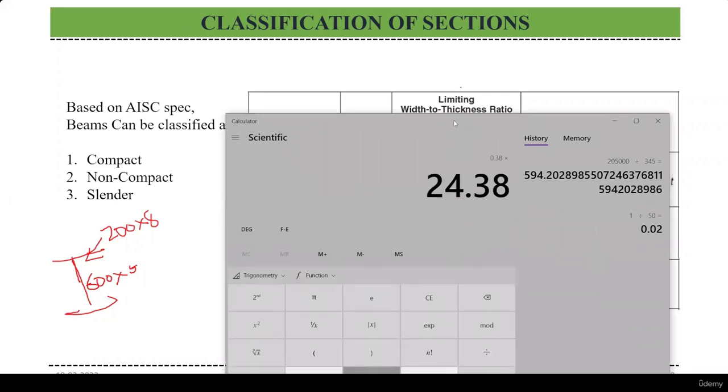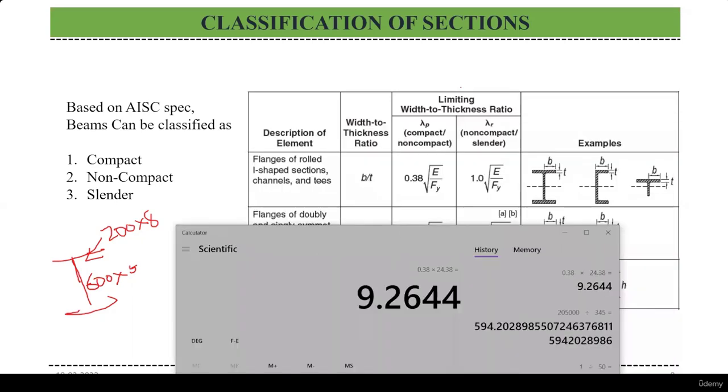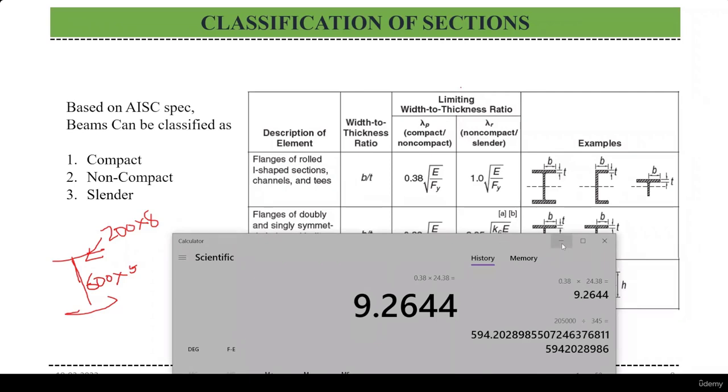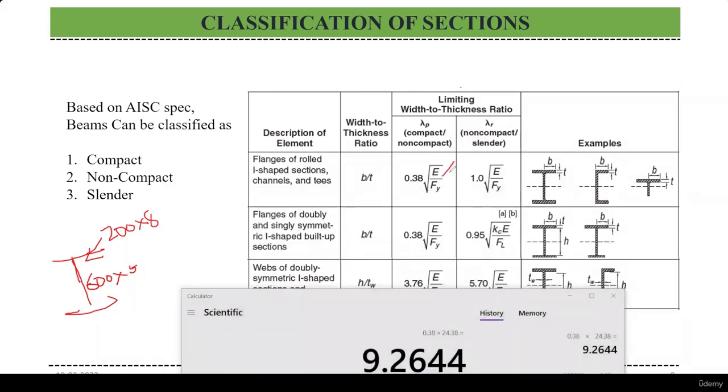0.38 into 24.38 gives you 9.27. Just a minute, I'll mention it here.